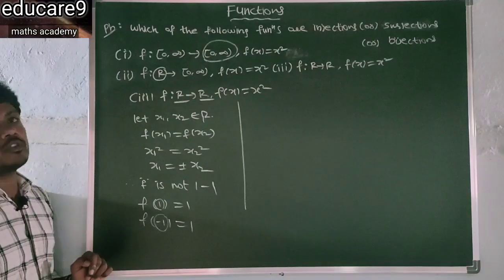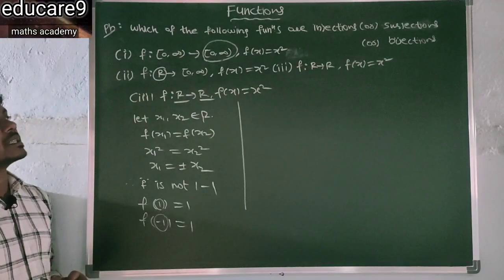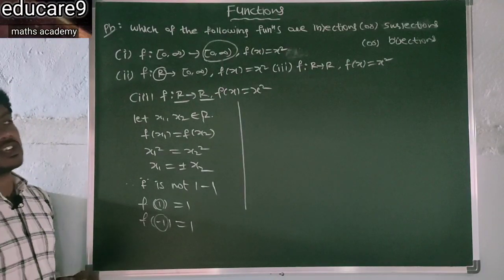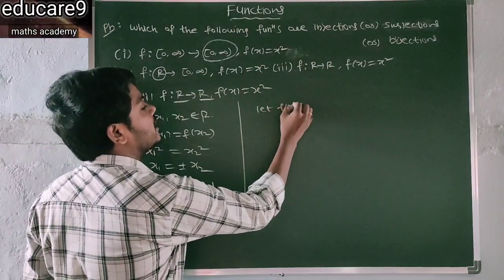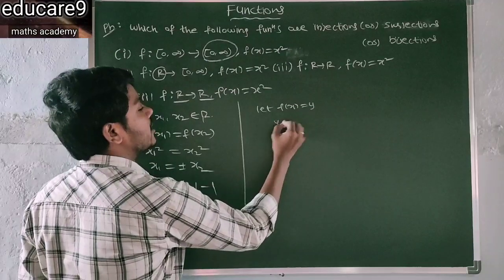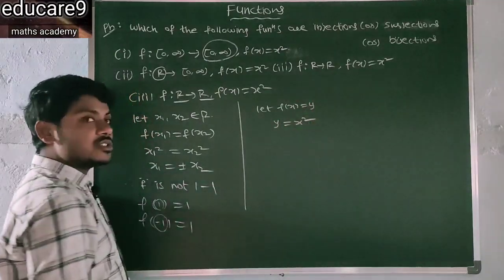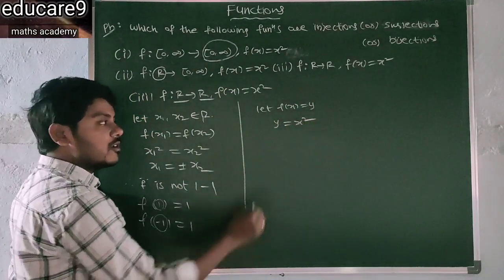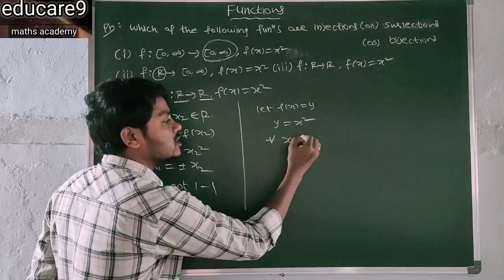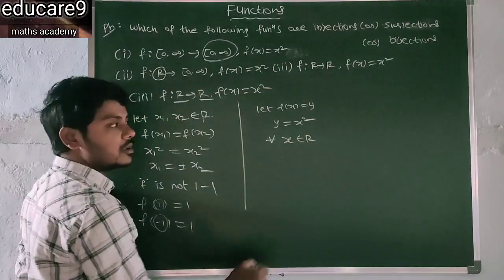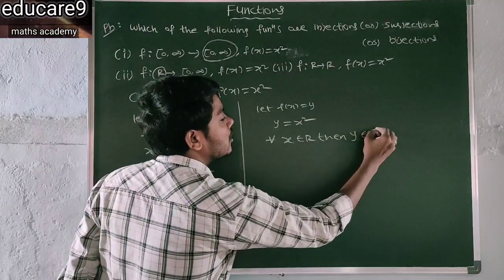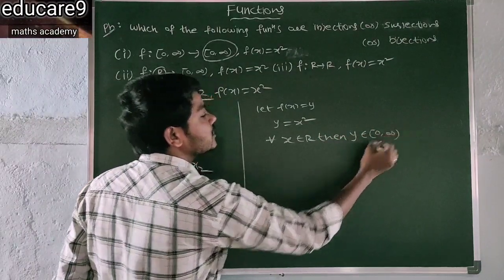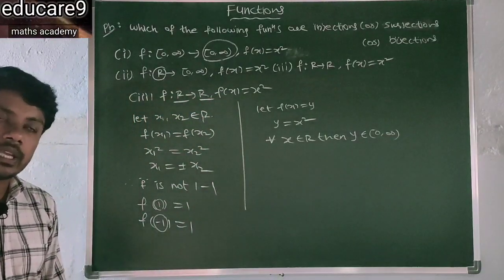Now for onto function, let f of x is equal to y. So what is the y value? x square. So clearly, for every x belonging to R, what is the y value? Positive values only, that is closed 0 to infinity.